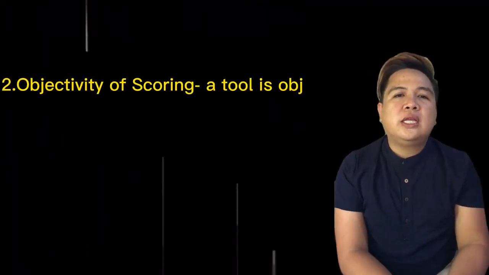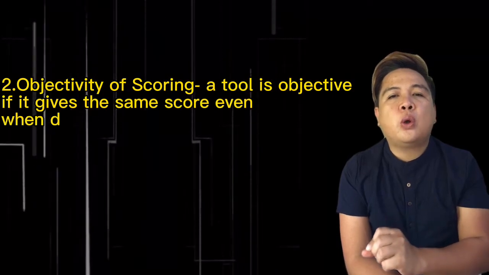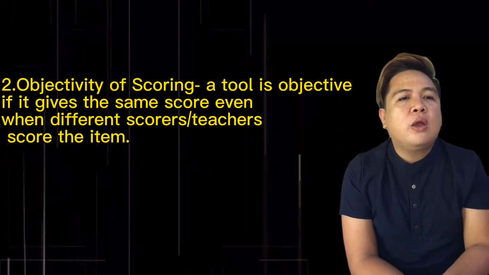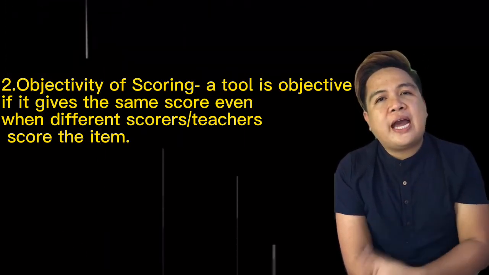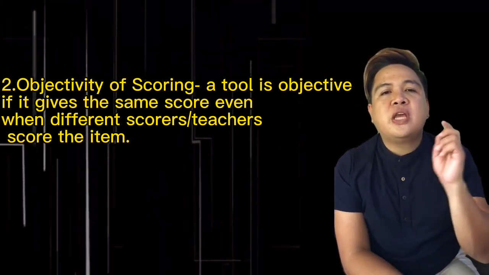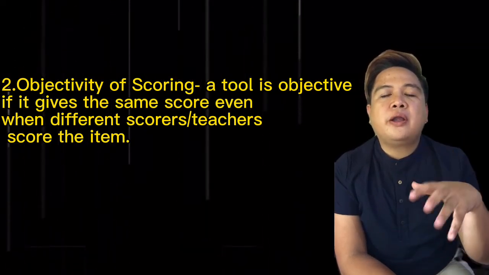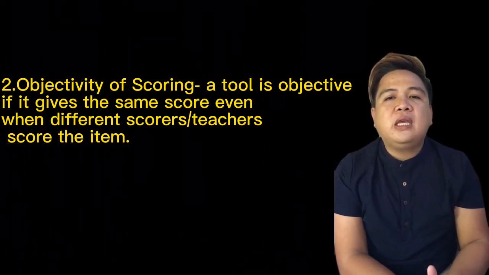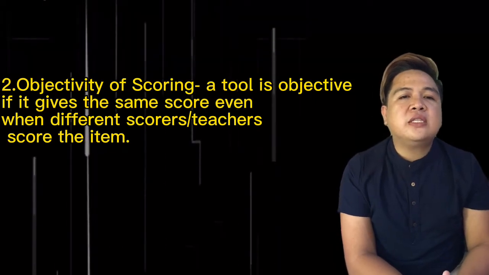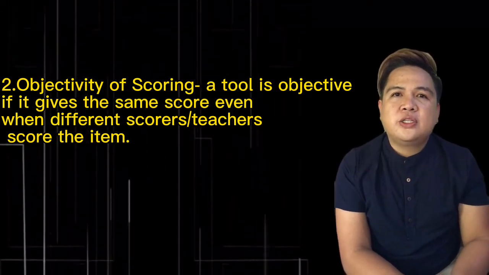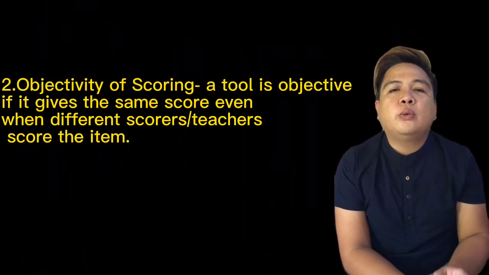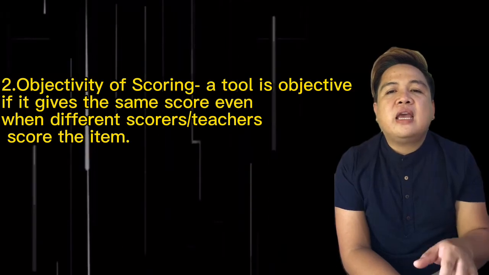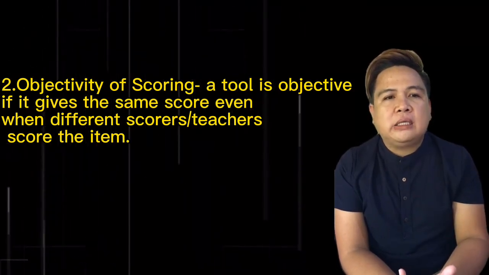Okay, number 2, objectivity of scoring. A tool is objective if it gives the same score even when different scorers score the item. Objectivity in scoring may thus be considered as consistency in scoring by different scorers. Quite often, in actual situations, we find the scorer's whims or prejudices influence marking.